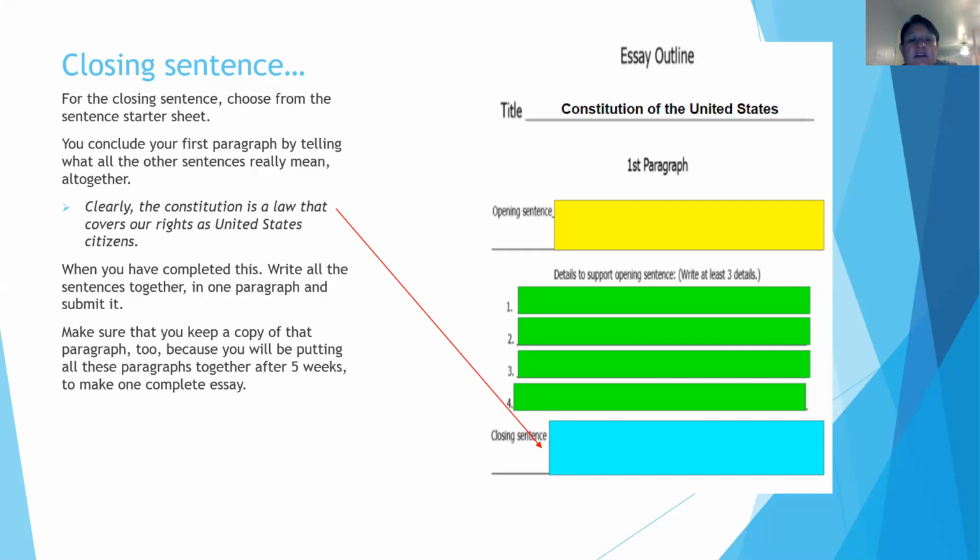When you are done, you can write it all out in your notebook, or you can type it out on the last page of your writing packet, and make sure you indent on the first line. Indent means that you push that tab key on the left-hand side, right by the letter Q. It says tab, T-A-B. Click on that one time, then start writing all these sentences together.